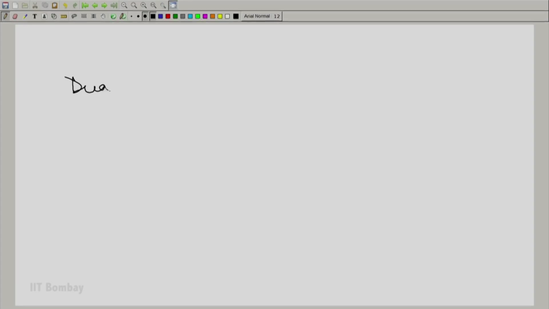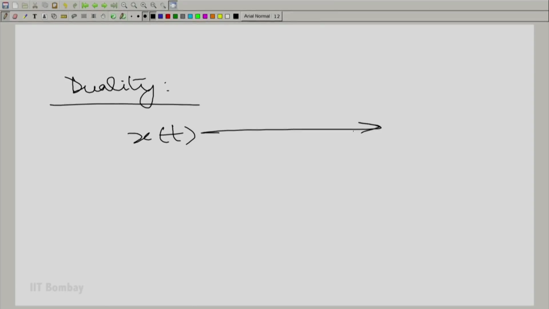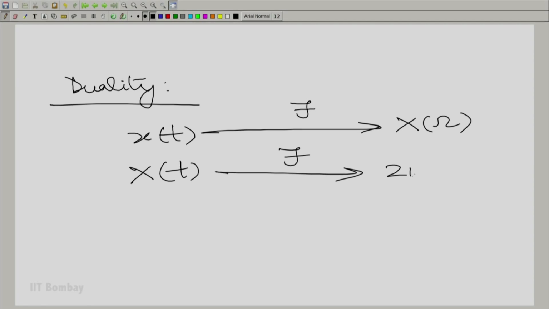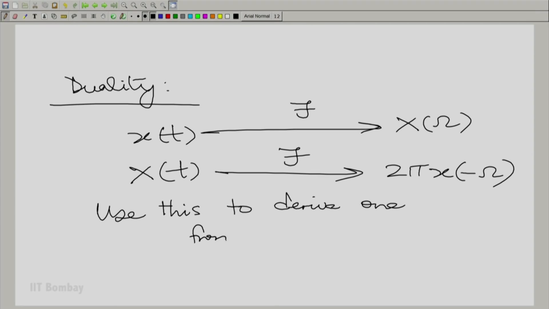Let me write that principle down once again to remind you. Duality said that if x(t) has the Fourier transform capital X of omega, then capital X of t has the Fourier transform 2 pi x(minus omega). Now, what I am saying is use this to derive one from the other.